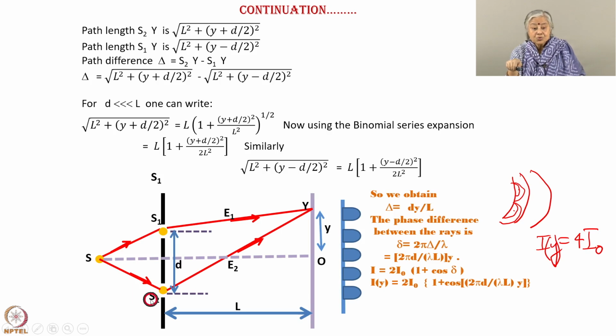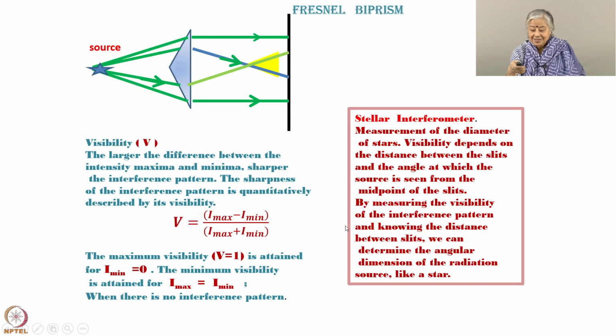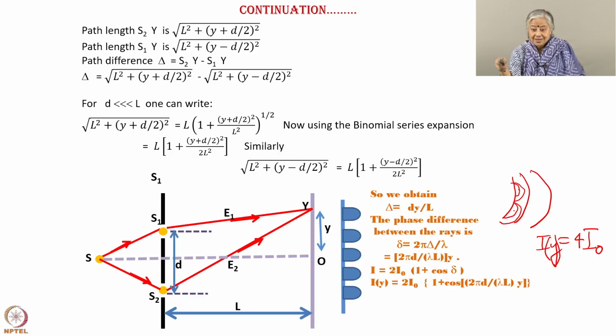Suppose I were to take two separate lasers with different wavelengths, you may not see that interference pattern, because the phase is related to the wavelength. Here the assumption is that the light is nearly monochromatic, it has only one wavelength.